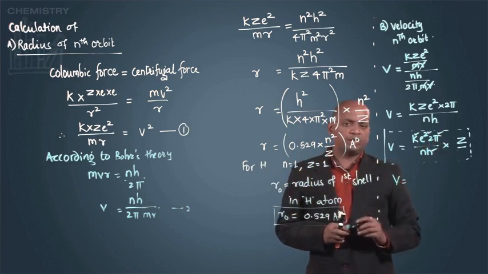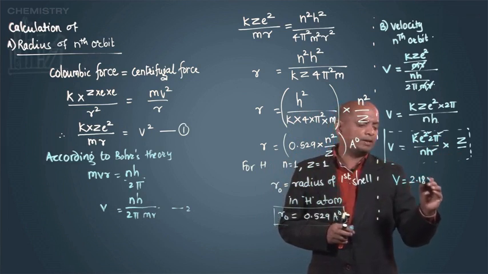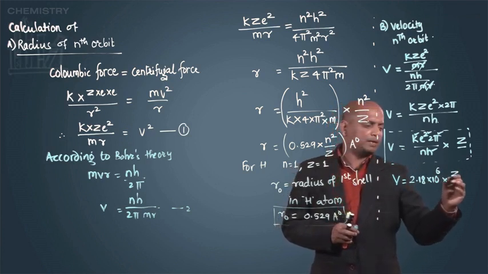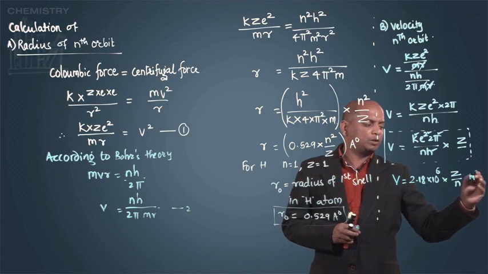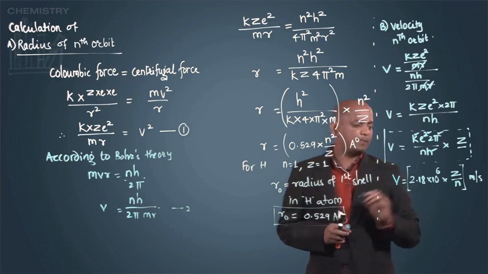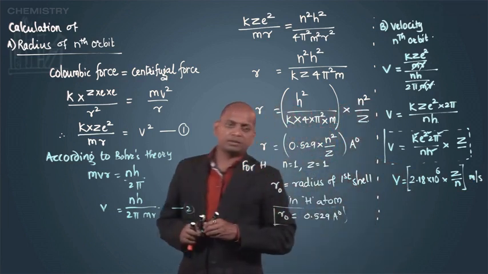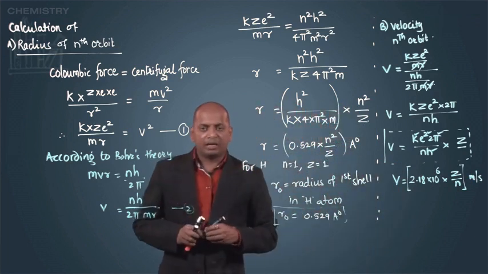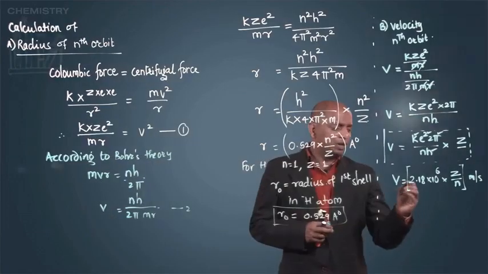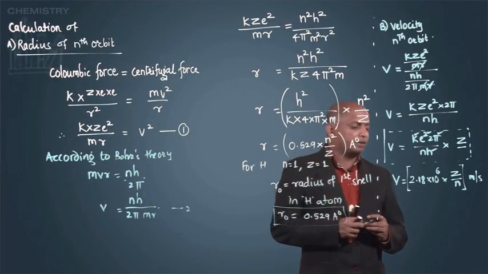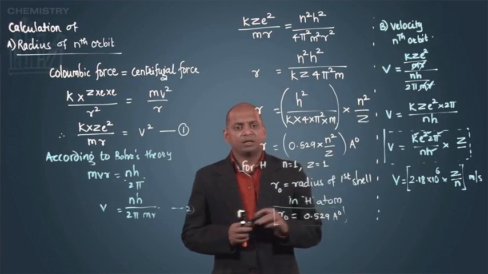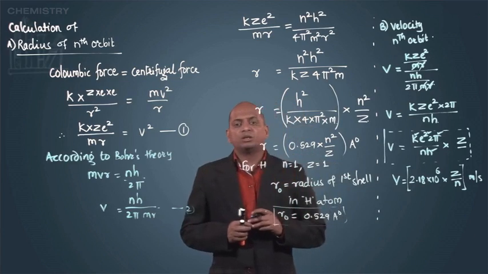That constant value comes to 2.18 into 10 raised to 6, multiplied by z by n, and the unit is meter per second. So this will be the velocity of the electron in the nth shell: 2.18 into 10 raised to 6 z by n meter per second. So velocity is directly proportional to atomic number and inversely proportional to the number of shells.